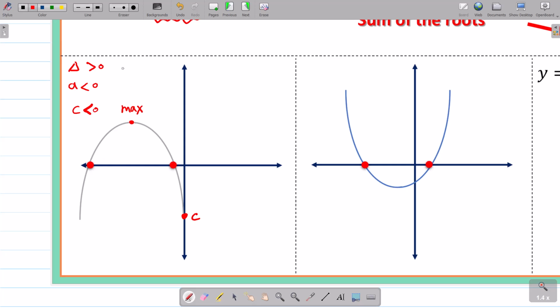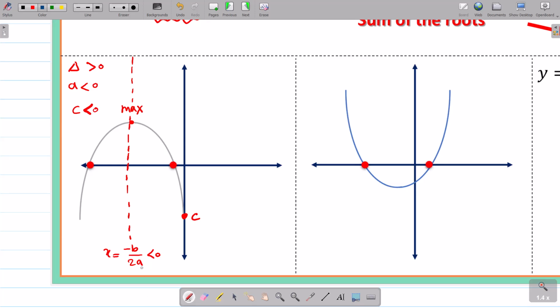And okay, let me draw the axis of symmetry. We know that the equation of this axis of symmetry is negative b over 2a, and it is in the negative part of the x-axis. So this whole expression is less than 0. We already know that a is less than 0.